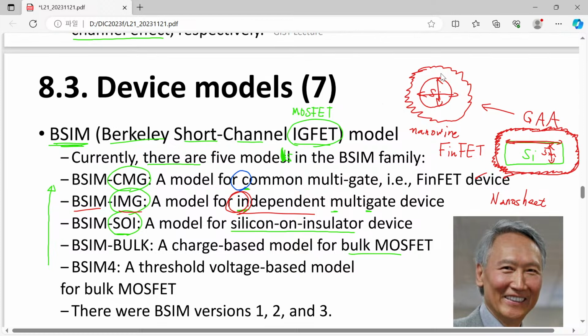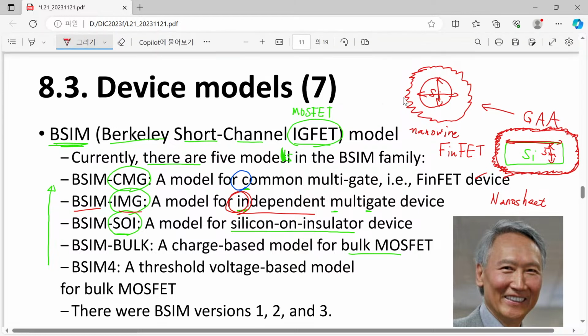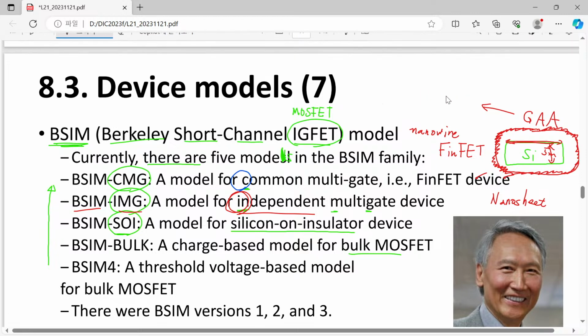The distinction between nanowire and nanosheet sometimes becomes difficult, but anyway, you understand the naming convention for these devices.